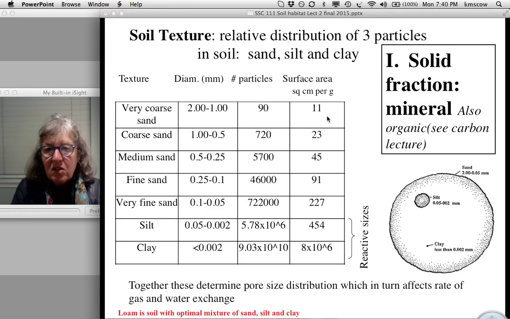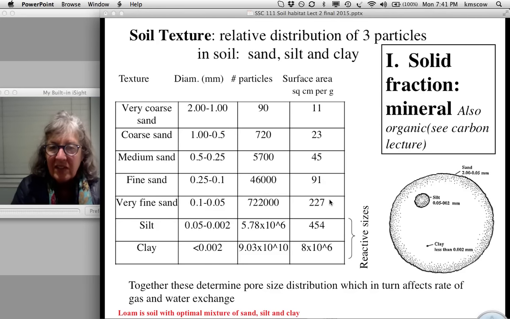So you can see that the surface area of something like sand is really quite low, meaning that there's a very low surface to volume ratio, and therefore not much room for interesting things to happen, because in soil, most microorganisms are attached to surfaces, and all the good stuff in the soil, all the nutrients, and water as well, when things get really dry in soil, are going to be associated with particles.